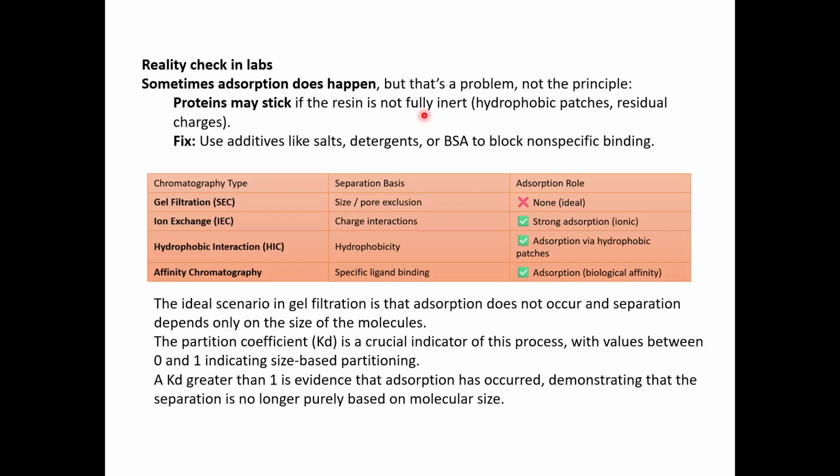Like we discussed, the resins are passivated, they are made inert so that they don't interact. But if the quality of your resins is not very good, or they have somehow lost the capacity to be completely passive, and they're not fully inactivated or made inert, then they might show some interaction with your proteins and they will have some kind of adsorption.